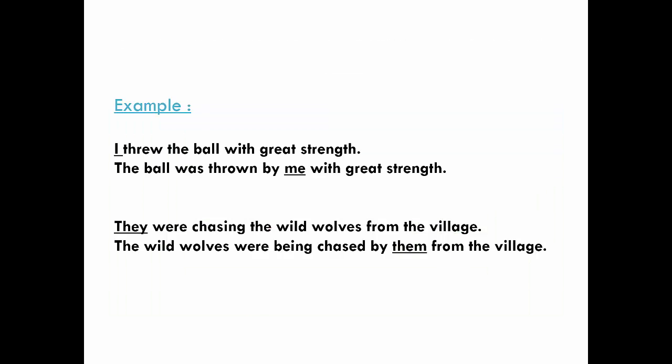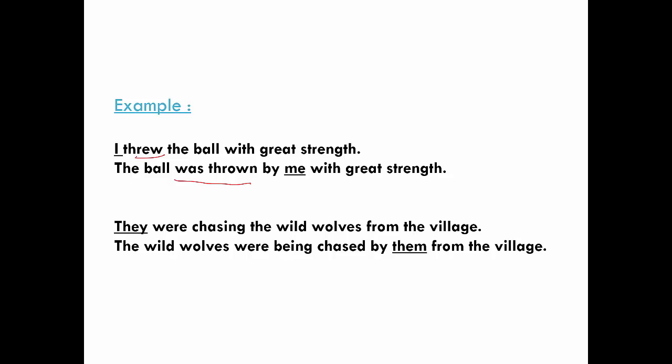Look at these examples which have been given here. It says, I threw the ball with great strength. Once again, before I explain to you the pronouns, let me tell you, here the verb is in simple past. That is why here you will see was thrown is the form that has been used. If you remember, when a sentence is in simple past, the rule says was or were plus V3.